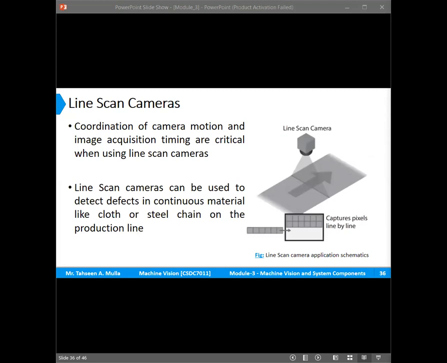The moment we fix our cameras in line scan, the coordination of camera motion and the image acquisition timing is very important. Remember these 2 points: coordination of camera motion and image acquisition timing are very critical when using line scan cameras.